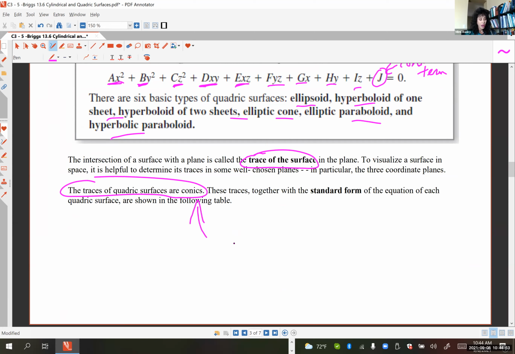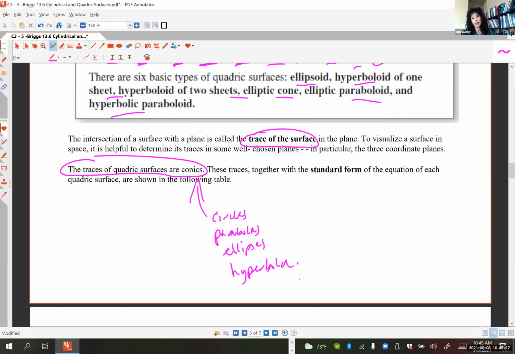And if you remember conics you studied in a pre-calc class, that consists of circles, parabolas, ellipses, and hyperbolas. Those are what the traces of quadric surfaces will look like. It'll be relegated to those, okay? And you can think of quadrics as the 3D analog to conics, because they are.